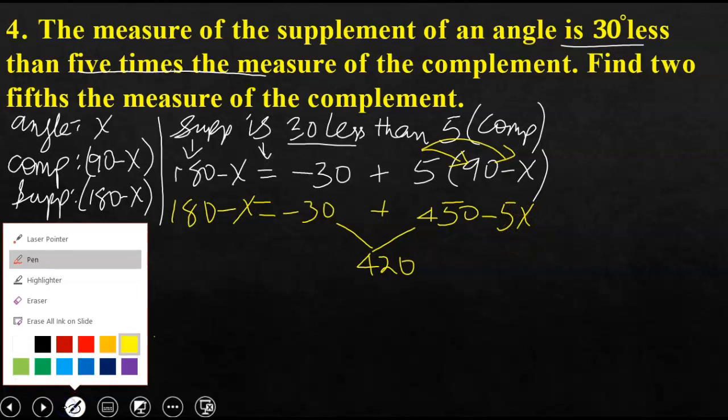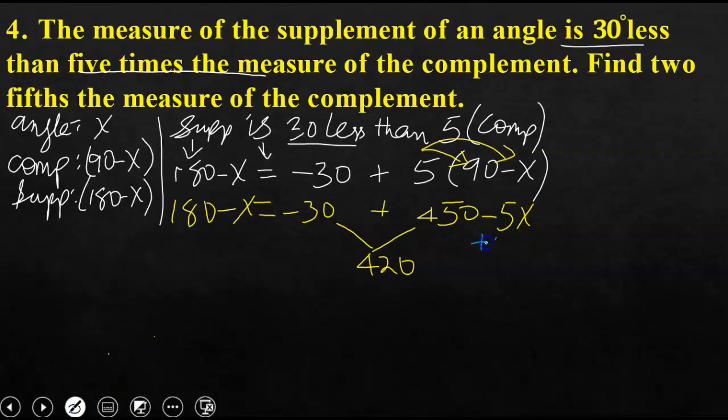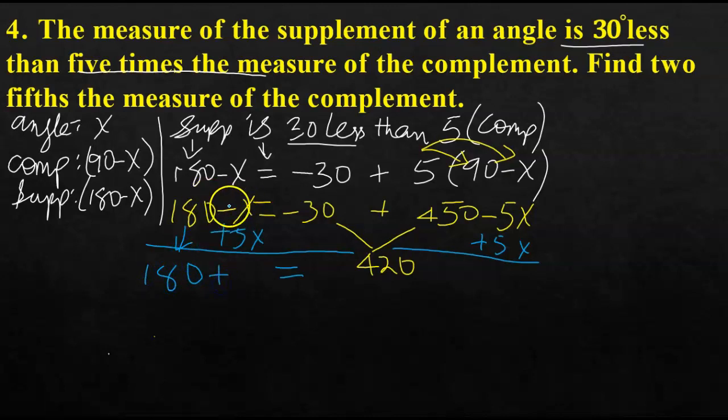Then we can also have the x. Let me get a new color. We can add 5x to both sides. Okay, and that will give us 450 over here equals, so we have 180 still over here, plus, so negative 1x plus 5x is 4x.